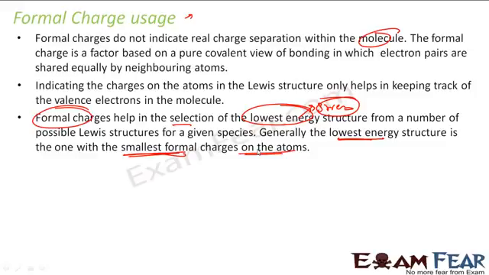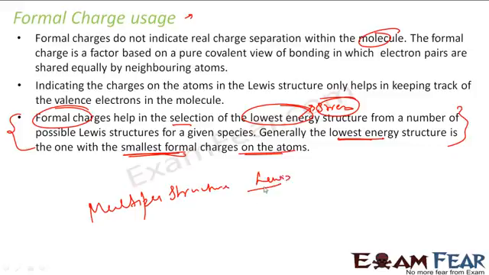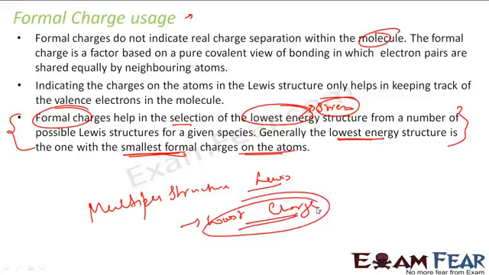In that case, the lowest one possible is chosen as the correct structure. Correct? Because we have seen scenarios where we get multiple structures. If you get multiple Lewis structures, the one with the lowest charge is my best structure. Correct?